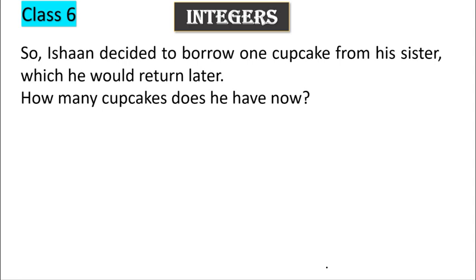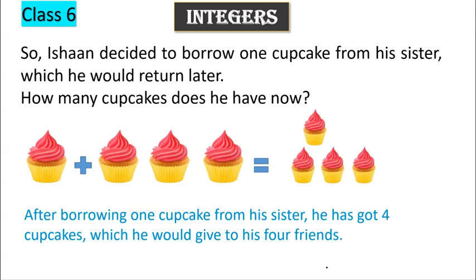So Ishan decided to borrow one cupcake from his sister, which he would return later. Now, how many cupcakes does he have? Earlier, he had 3 cupcakes. Now, one more is added to that. So the total number of cupcakes with him is 4.